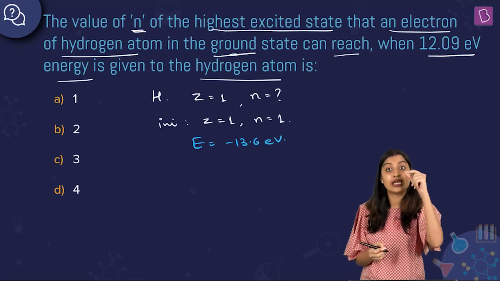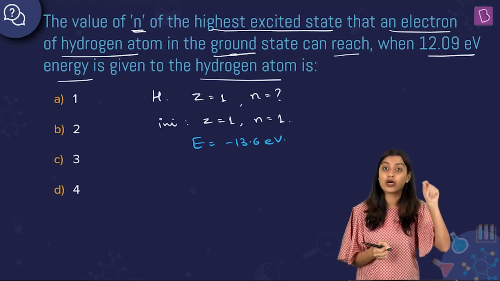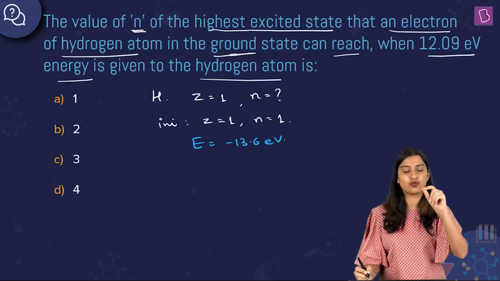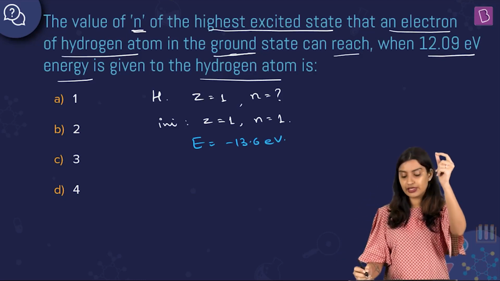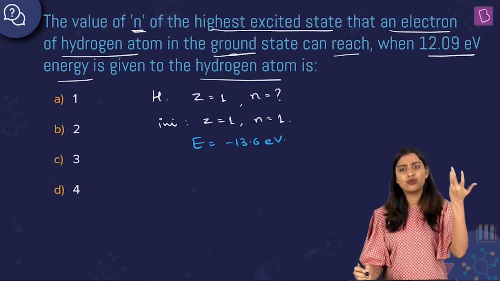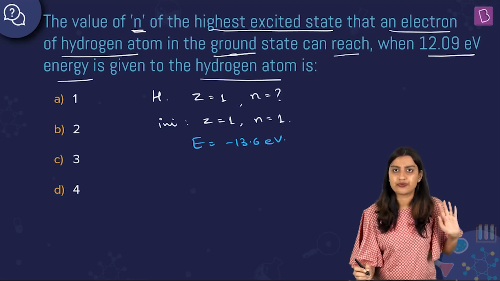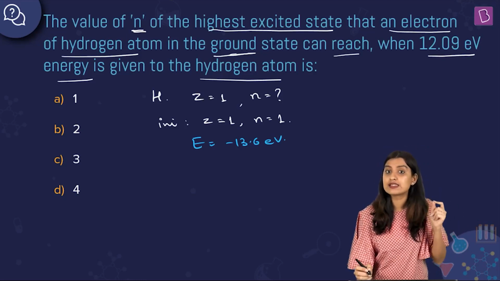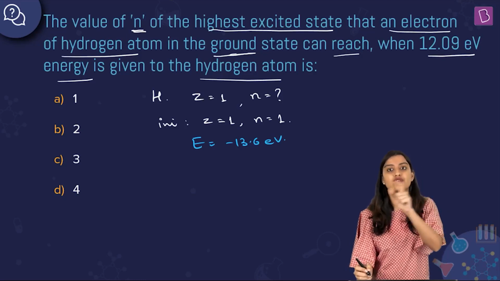So the energy of the electron revolving in N is equal to 1 of the hydrogen atom is minus 13.6 electron volts. Now I am supplying 12.09 electron volts of energy to the atom, or I can say I'm supplying it to the electron. When I'm supplying it to the electron, what is the best case scenario of the usage of that energy?